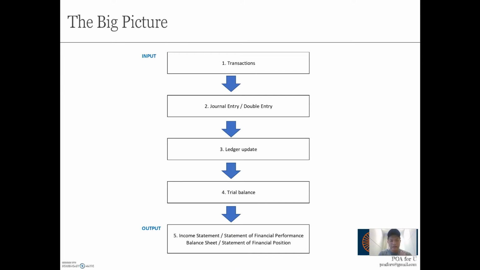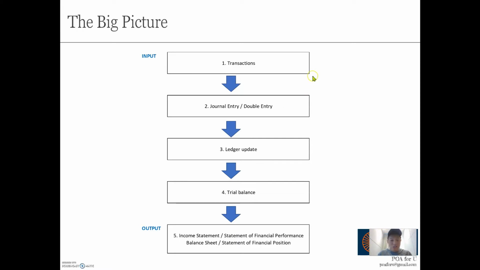I've done it in a diagram here where we start with an input to a process, the starting point, and finally it gives you an output, which is the deliverable. The input starts with transactions, and transactions would be something that you buy, something that you sell, or the business buys and sells, or decisions that the business makes.